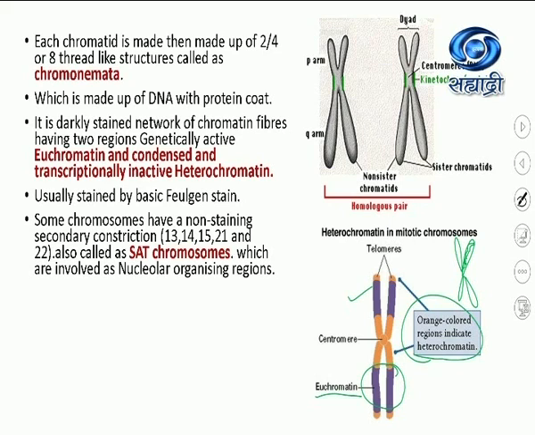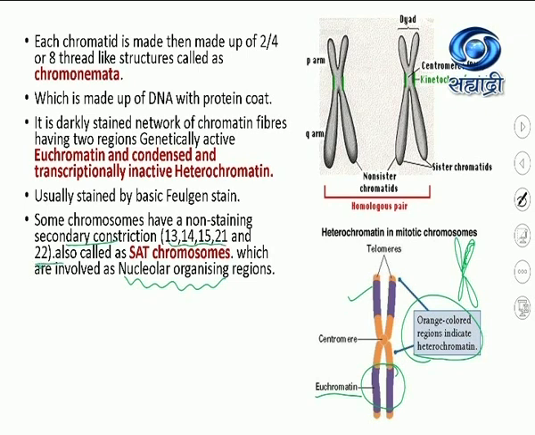I told you about the SAT chromosome, having a satellite and a secondary constriction, which plays an important role in the synthesis of the nucleolus, and is also called the nucleolar organizing region. How many chromosomes have this nucleolar organizing region? Only chromosome numbers 13, 14, 15, 21, 22.